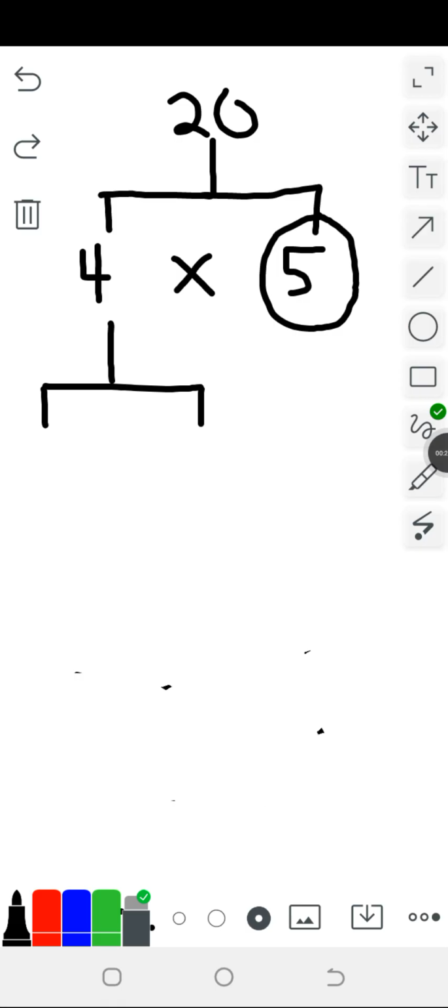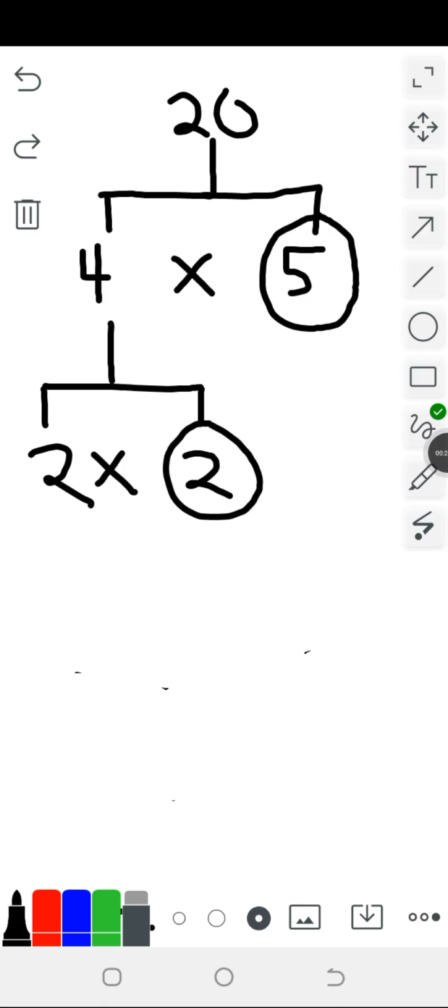Now, breaking down 4 into branches, we have 2 times 2. I'll now check: 2 times 2, is there any prime number between those two numbers? I'll say yes. The two numbers are both prime numbers, luckily for us. So for the fact that we've circled all of the branches we have in 20, it implies that we've successfully used the tree method to break down 20 into prime factors.